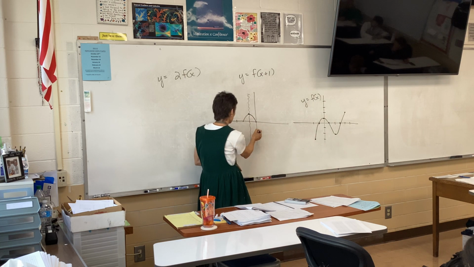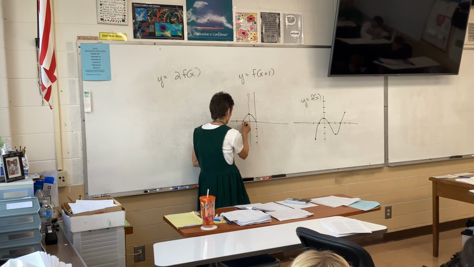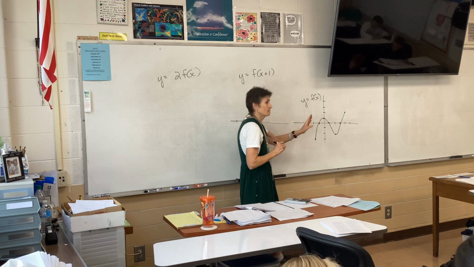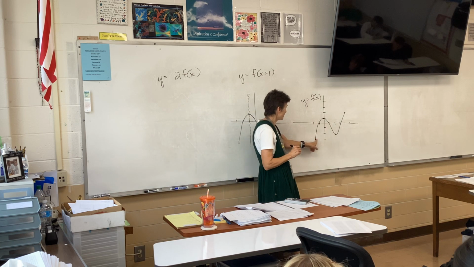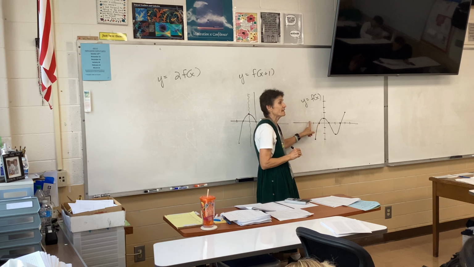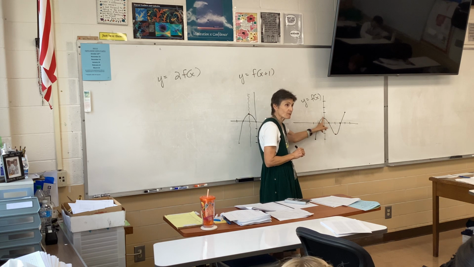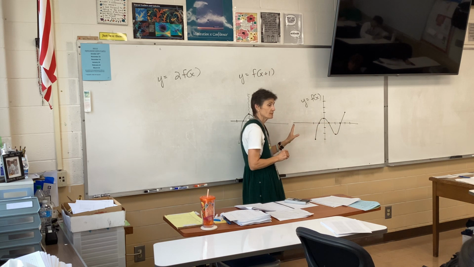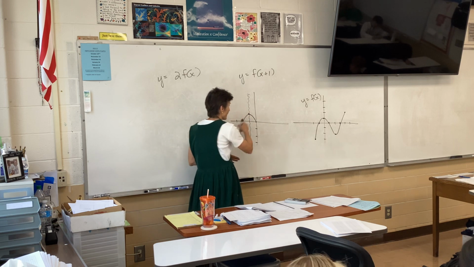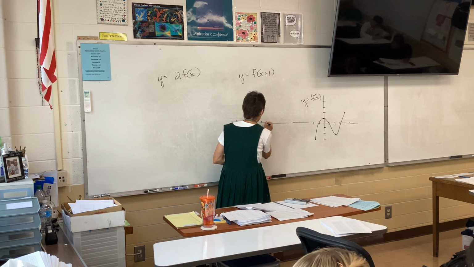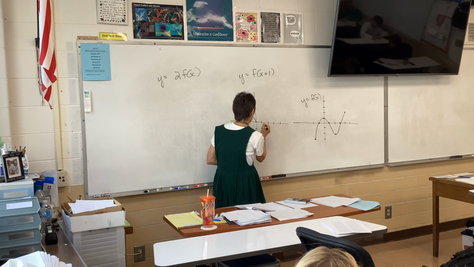If that confuses you, then move every point. So take this point right here, which is left 2, make it left 3. This one is left 1, make it left 2. Move every point 1 unit to the left, individually or as a whole if you want to do it this way.